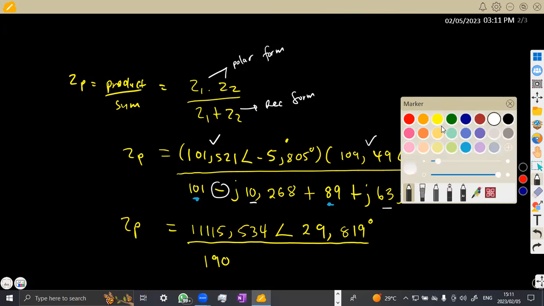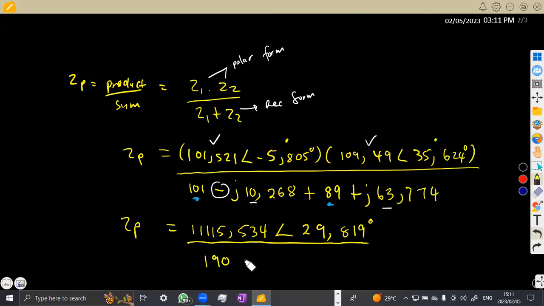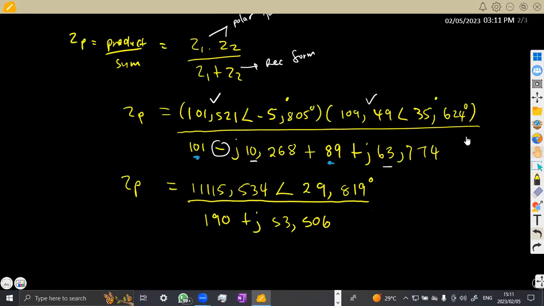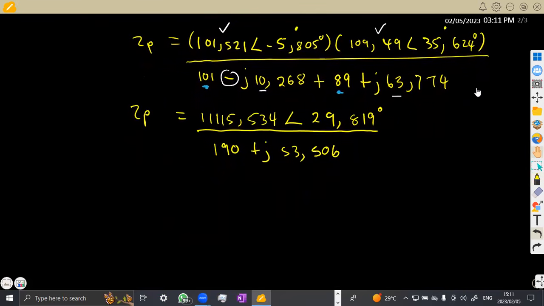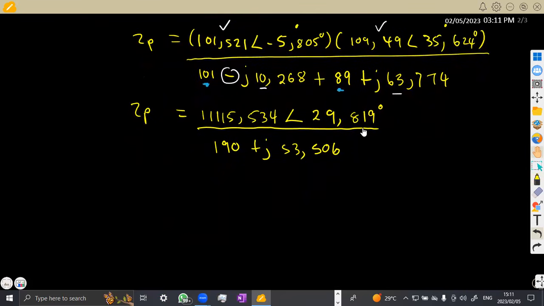So it's going to be plus 53,506. All right. So having this now, in rectangular and polar form both, as you can see, it's a combination. On top, our answer is in polar form. Below here in the denominator, our answer is in rectangular form.